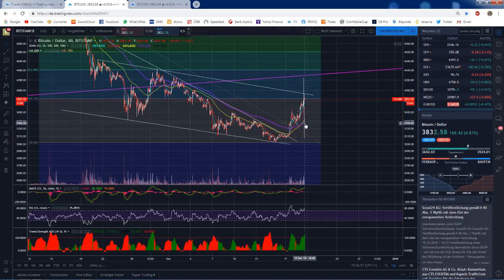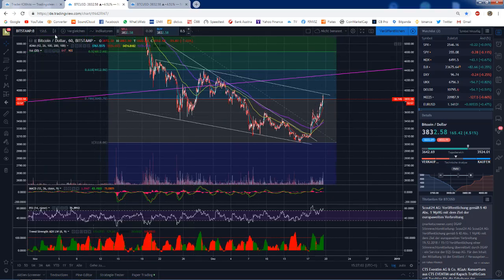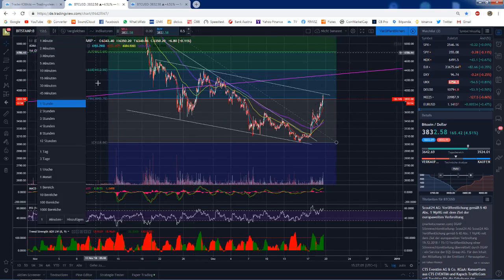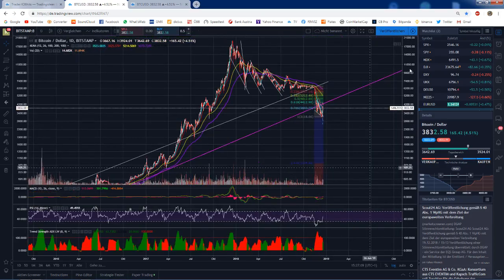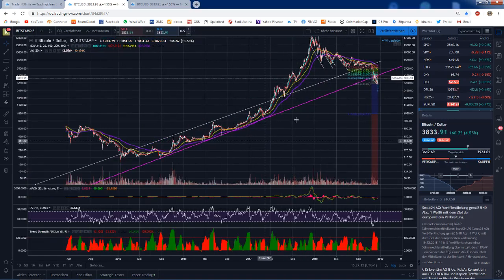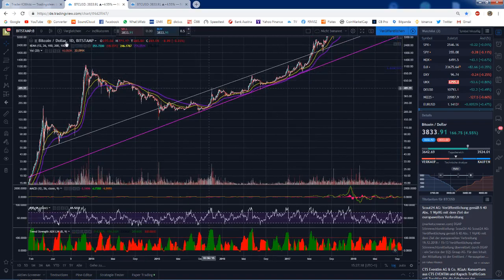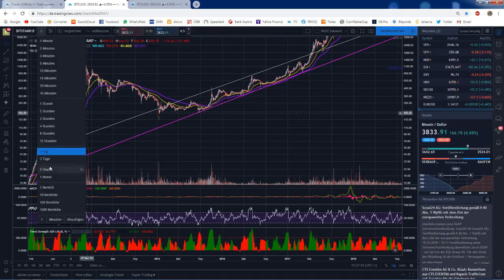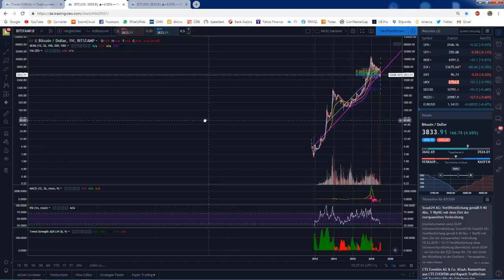And if you would ask what this trend line is, then we would have to go back to the 1 day at least, and you would see that it was the trend line of Bitcoin we had since very far back, since 2011 or 2012.